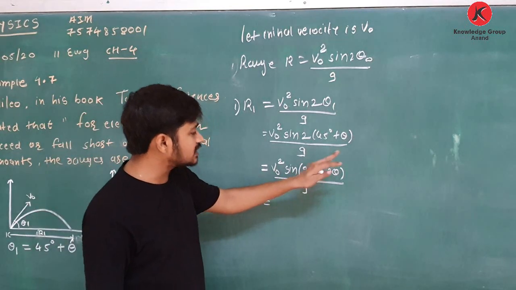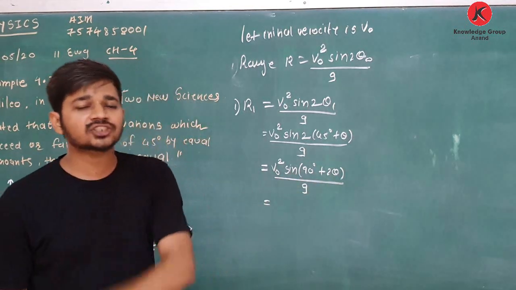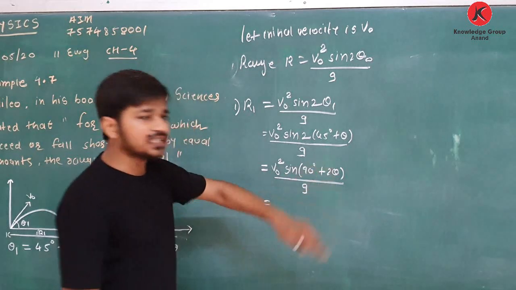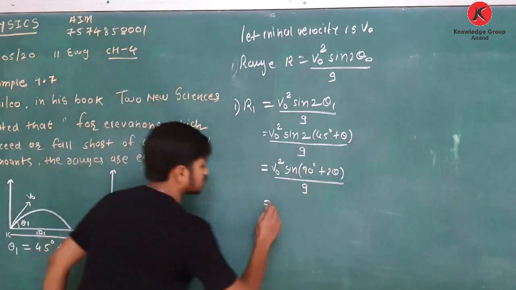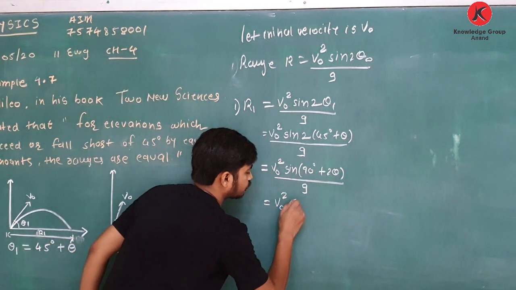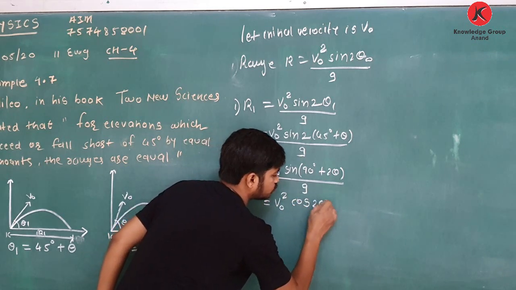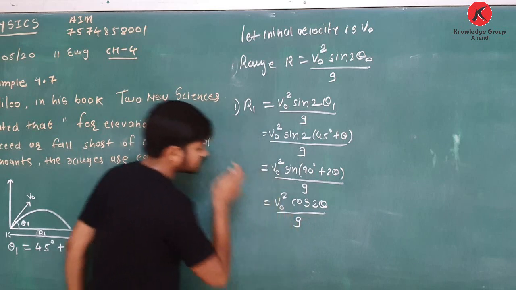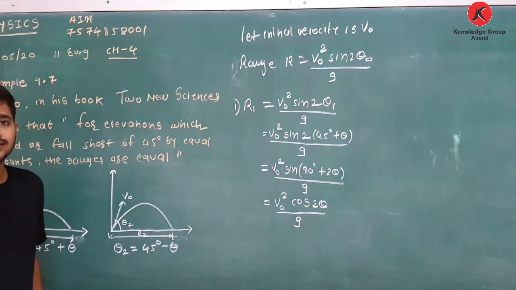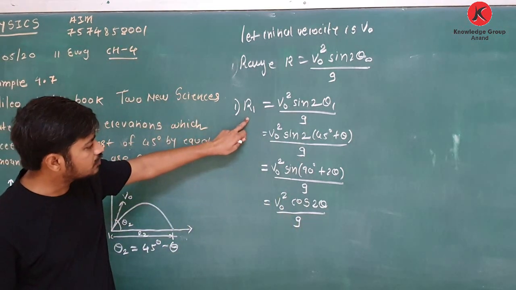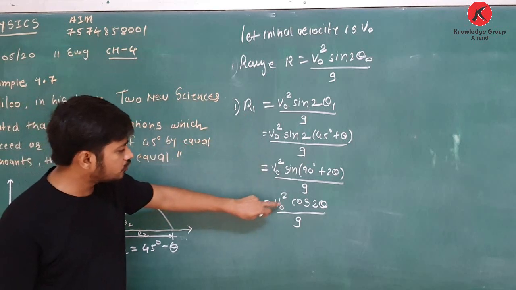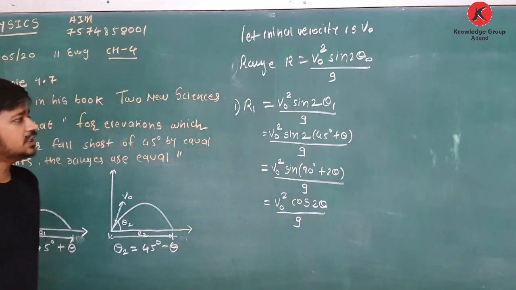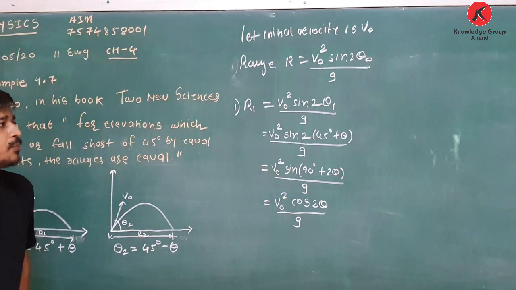Sine 90 plus theta is cos theta. So here it is v0 square cos 2 theta divided by g, because here the angle is 2 theta. So the equation of R1 is R1 equal to v0 square cos 2 theta upon g.